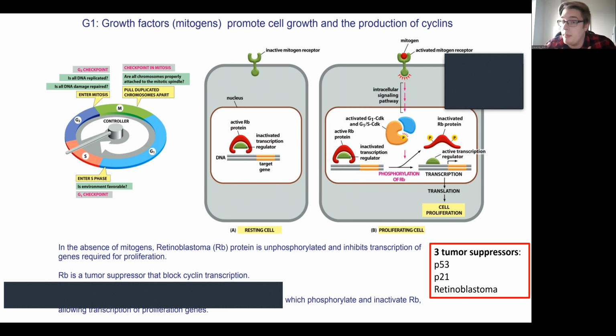If P21 is bad, then it can cause the cells to divide anyway, causing a tumor. Same thing with retinoblastoma. If retinoblastoma has a problem, the cell will undergo cell proliferation without having the CDKs to phosphorylate it. So again, another tumor suppressor.